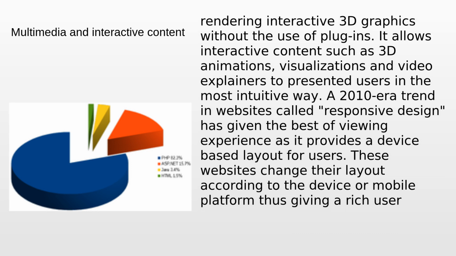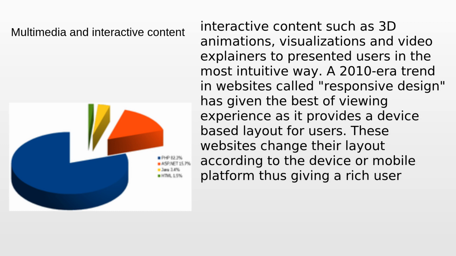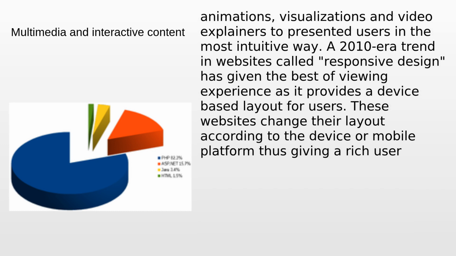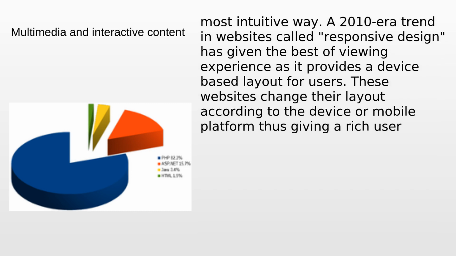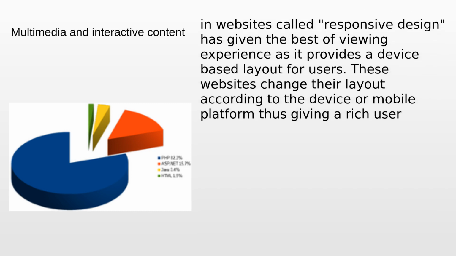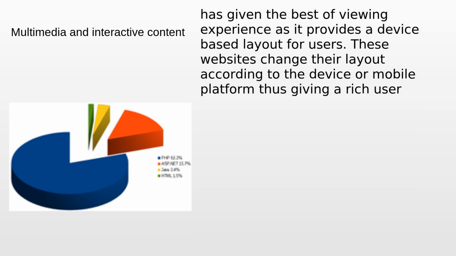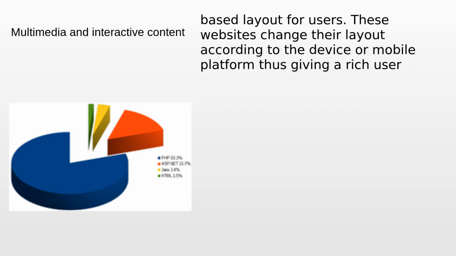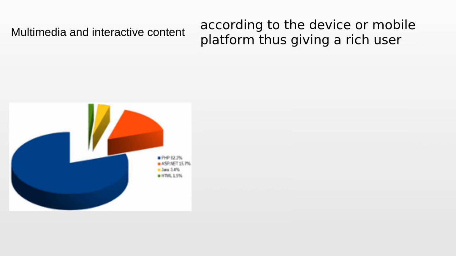It allows interactive content such as 3D animations, visualizations and video explainers to be presented to users in the most intuitive way. A 2010-era trend in websites called responsive design has given the best of viewing experiences. It provides a device-based layout for users. These websites change their layout according to the device or mobile platform, thus giving a rich user experience.